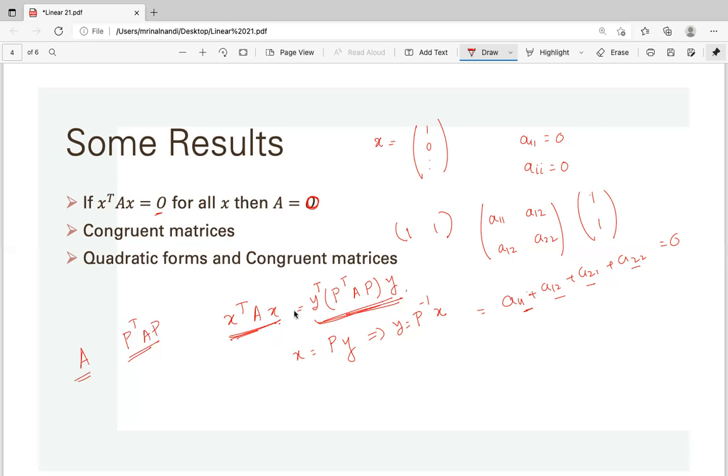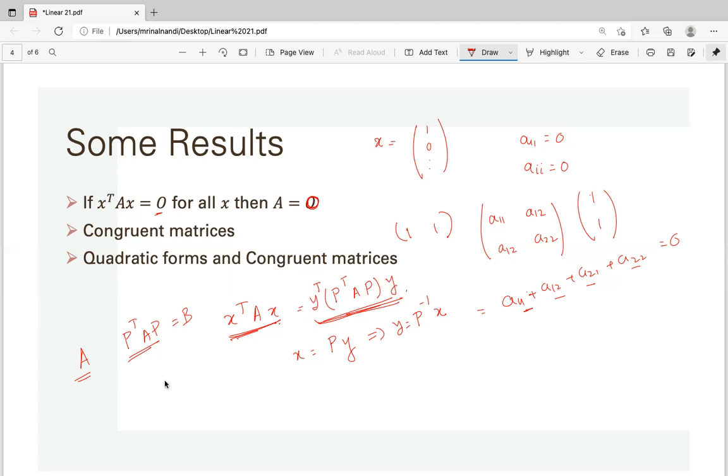So these two matrices, related by a transformation, have the same definiteness: one is positive definite, the other is positive definite; one is positive semi-definite, the other is positive semi-definite. Say this is B, then A and B are called congruent matrices. This is called congruency, and congruency is actually an equivalence relation.